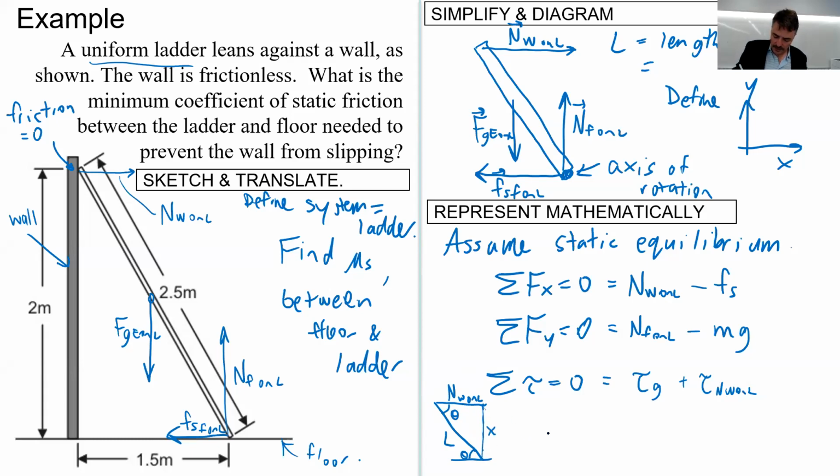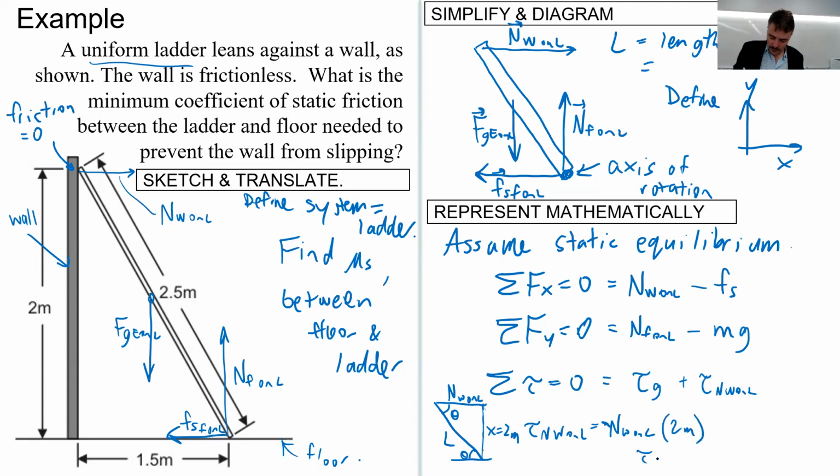So you would say that the torque of the normal force of the wall on the ladder is equal to the normal force of the wall on the ladder. It's going to be clockwise, so it's negative. Oops. Negative times this distance x, which will be, well, it says right there, 2 meters. Okay, 2 meters.